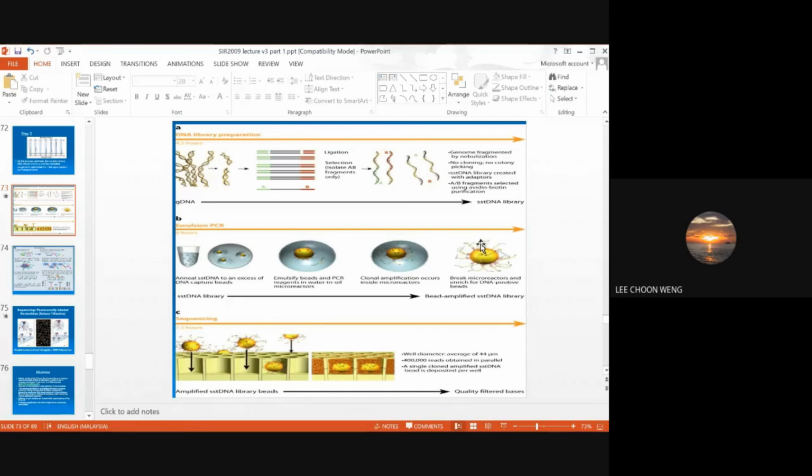Okay, then when you synthesize it, every bead will be placed into a single vessel. So during the synthesis, the light from each well will be captured and incorporated into the software system. Okay, so you can get up to 400,000 reads in parallel. Okay, 400,000 reads.